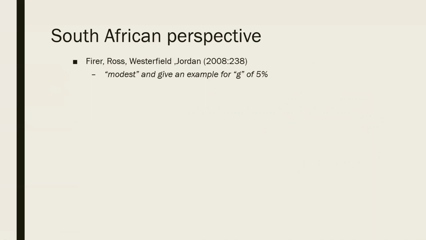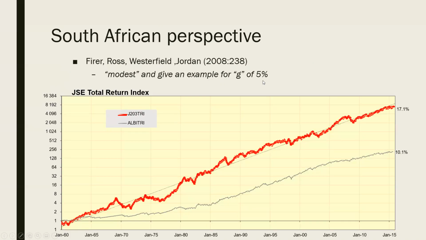Now, if you take a South African perspective here, and you look at perhaps the most common textbook that's used in finance, all it says about this very important topic is that G must be modest. And they give an example of G being about 5%.